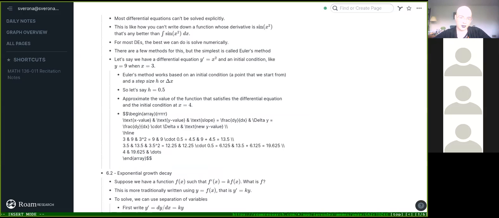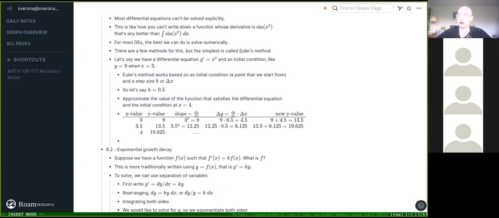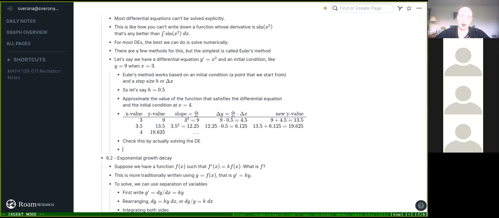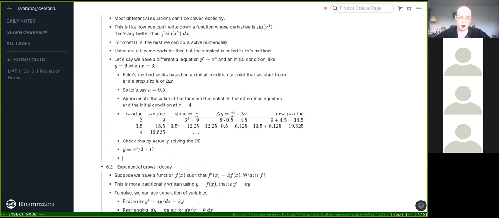Now, I picked something that I could actually integrate so that I could check this. I'm going to integrate that real fast, and I'll get y equals 1/3 x cubed plus a constant. So this is my general solution.